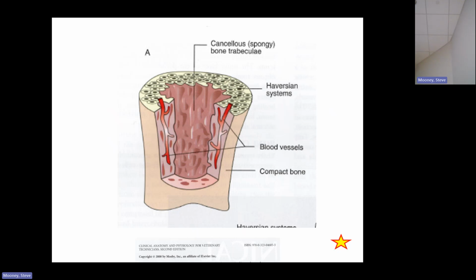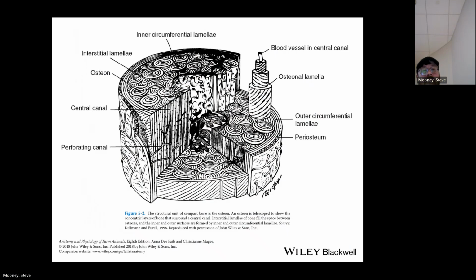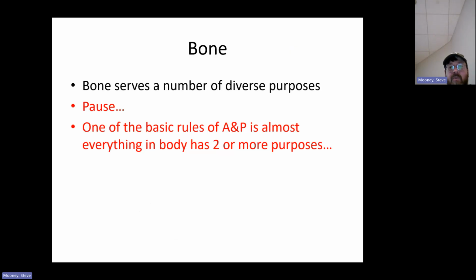As we grow, we eliminate the osteons on the inside and we put more on the outside. So we get a better, bigger diameter. And as we build on the end, we'll get there. So another view of the same stuff from the 8th edition of Anatomy and Physiology of Farm Animals.